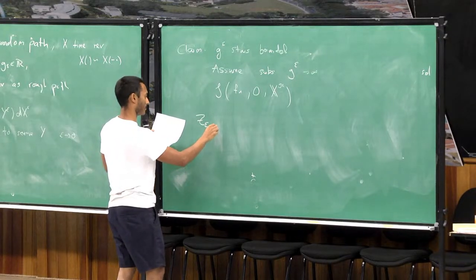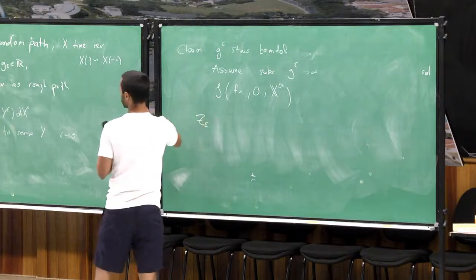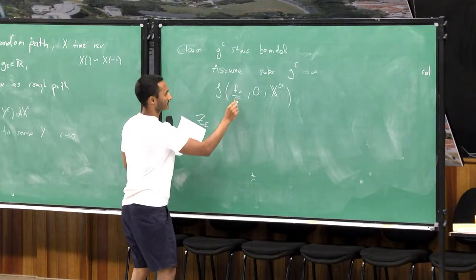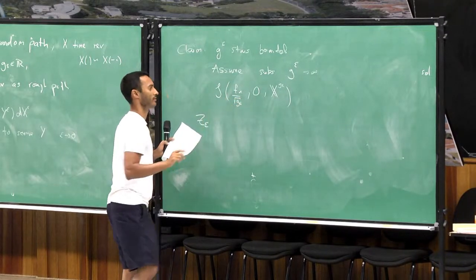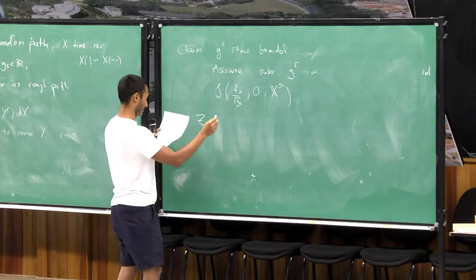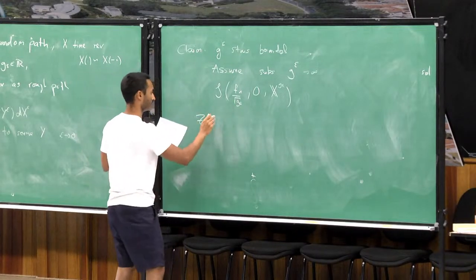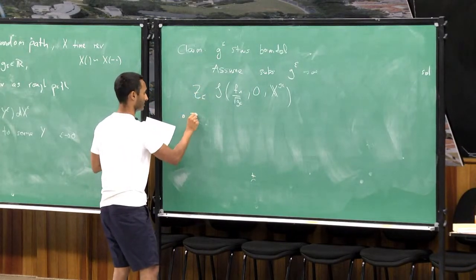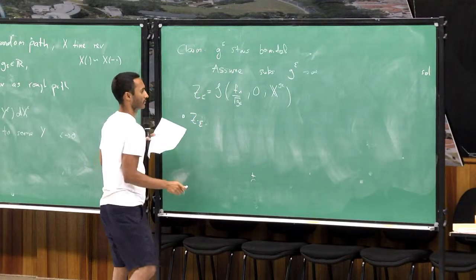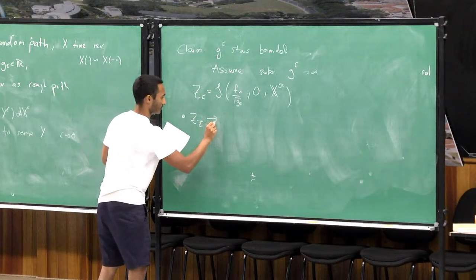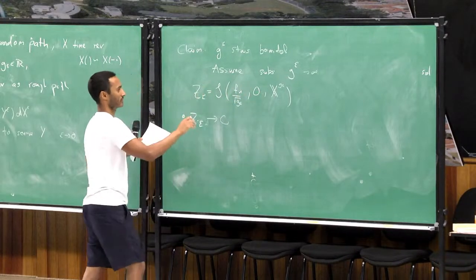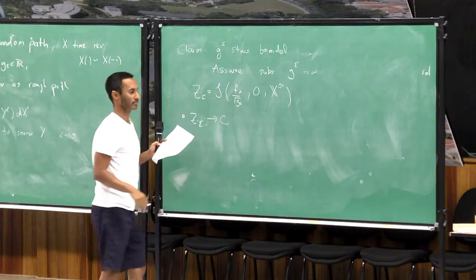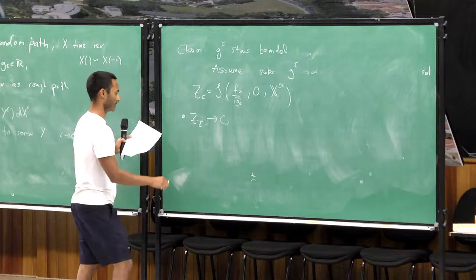We know what equation this solves. What we can look at is this divided by the square root of G epsilon. We define Z epsilon like that. Then we know that Z epsilon converges to 0 by continuity of this map, because we assume that this converges and G epsilon goes to infinity. So this function also goes to 0.